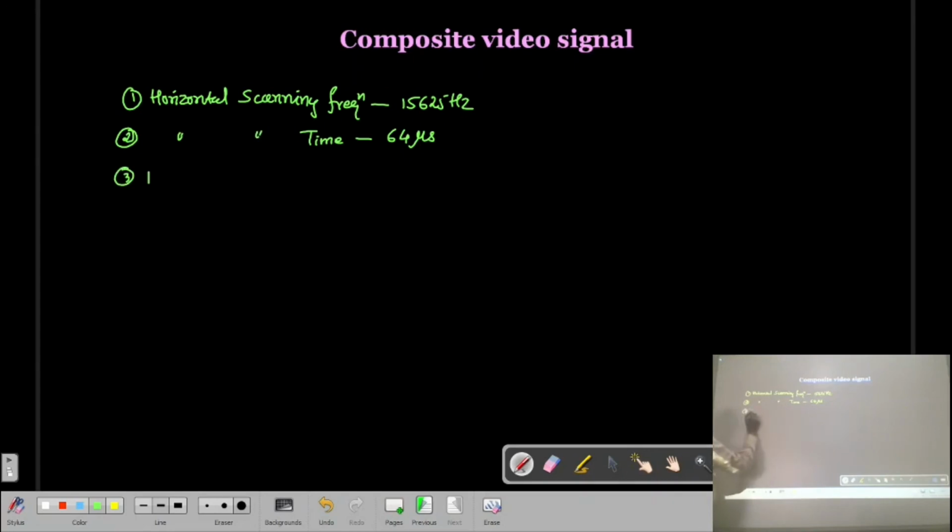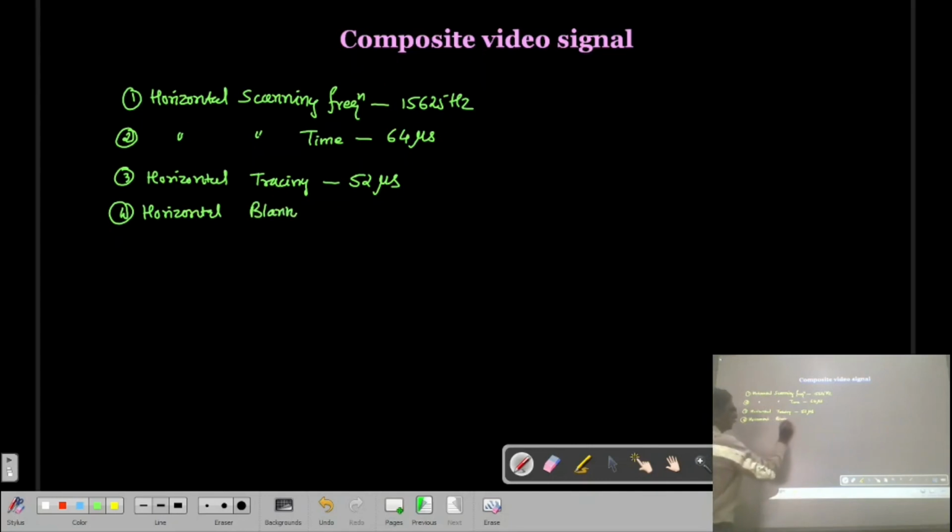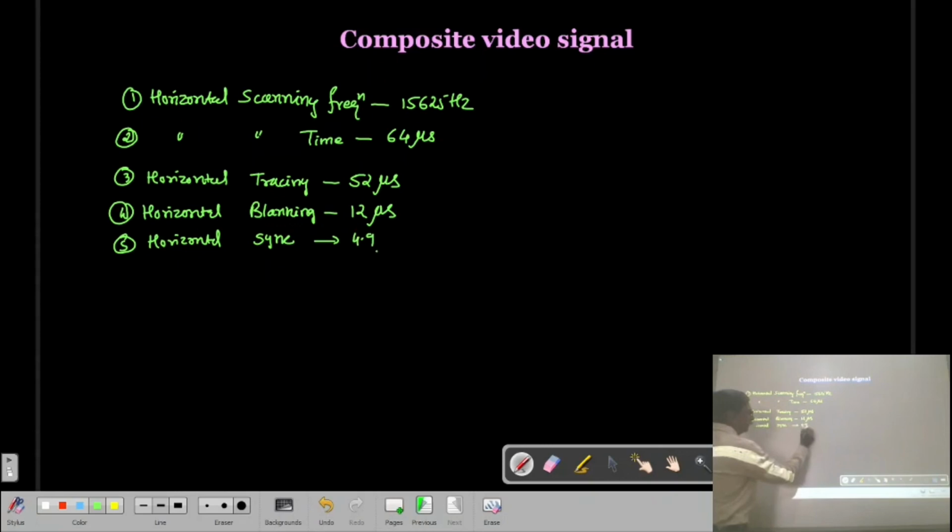Then the horizontal tracing time is 52 microseconds. Then we have a horizontal blanking of 12 microseconds. So the horizontal sync pulse is going to be added, and it is 4.9 microseconds. Correct?